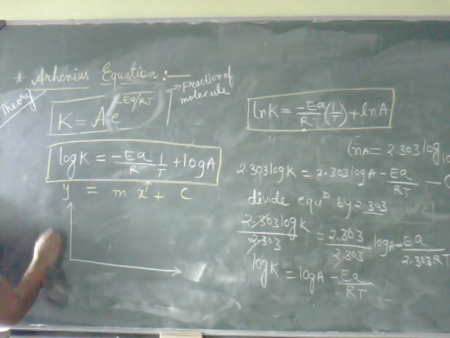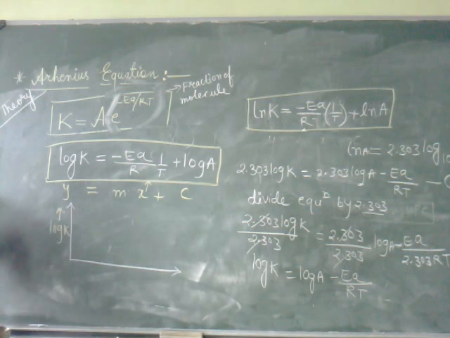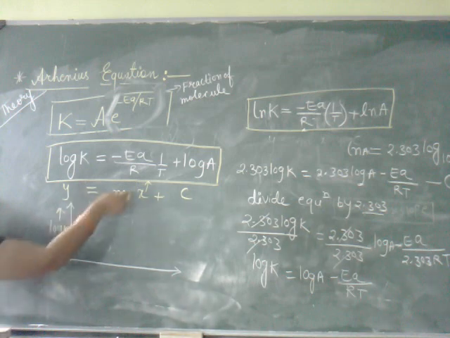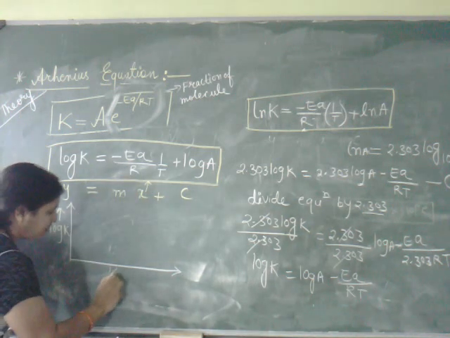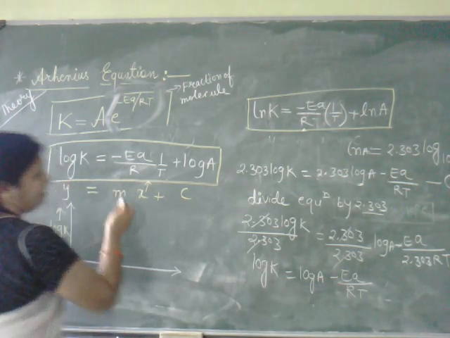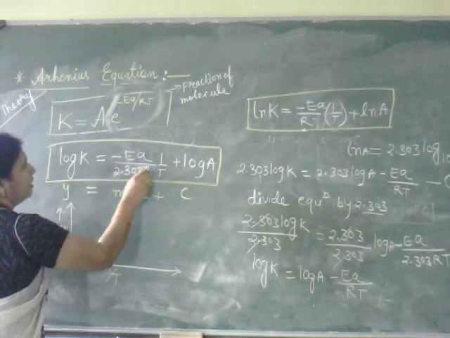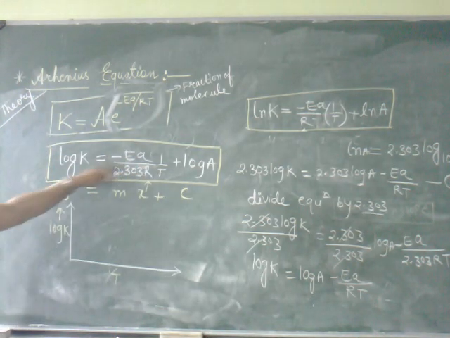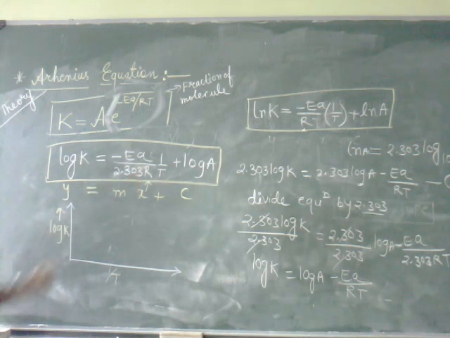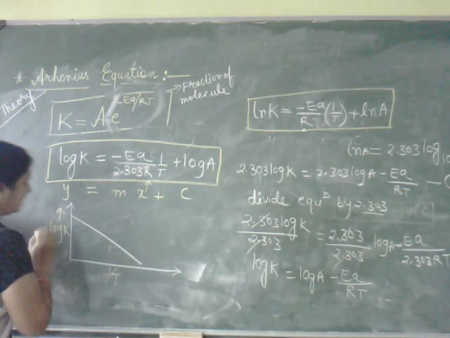On the y-axis we will get log K; before this we got ln K. And on the x-axis we have 1 by T. What is the slope here? Minus EA by 2.303 R will come. That time we got minus EA by R, now here we have minus EA by 2.303 R. So the slope is negative, and the line will come like this way.